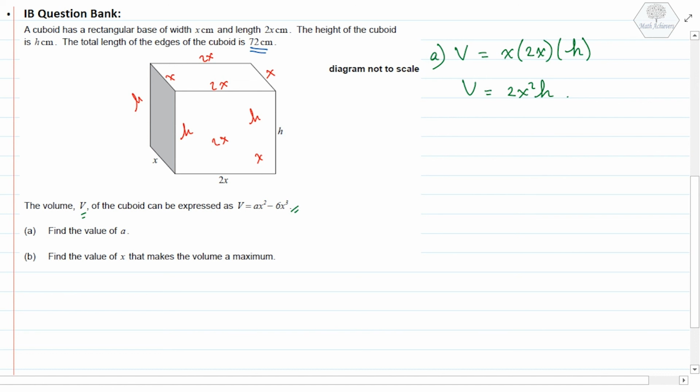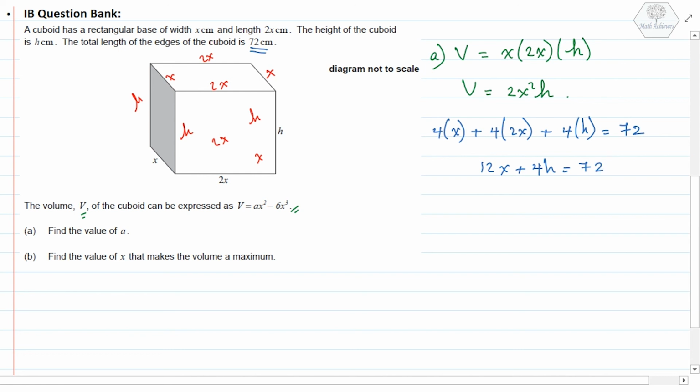So I can start by having 4 times x plus 4 times the 2x plus 4 times the h, and this will give me 72. So now expand. I have 4x plus 8x is 12x plus 4h is equal to 72.